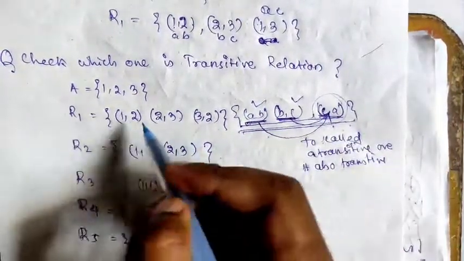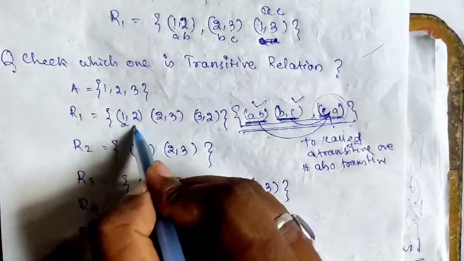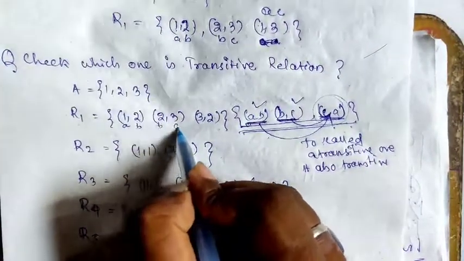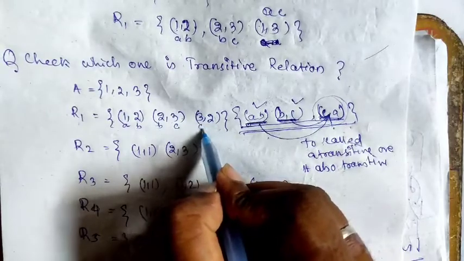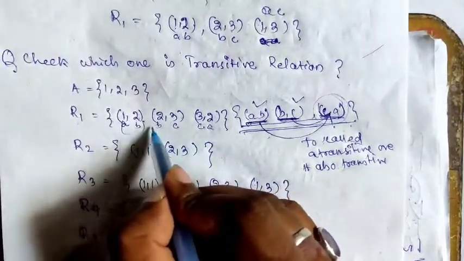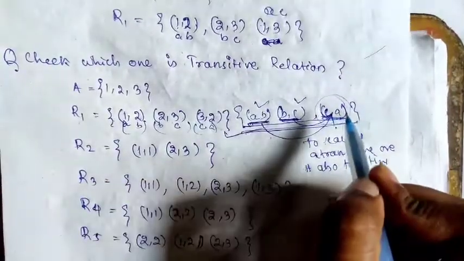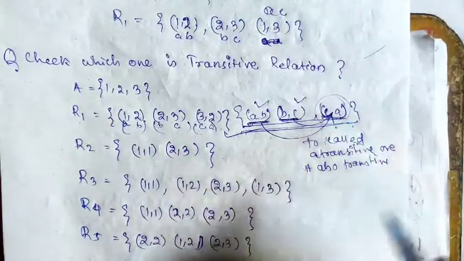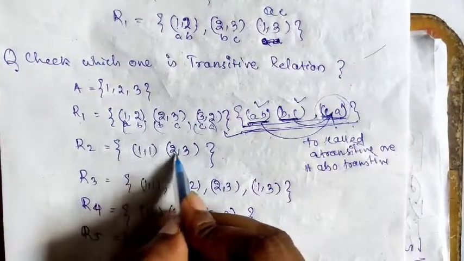So let 1 be A, 2 be B. So AB, BC, CA: all three order pairs are present. So this is a transitive one. In relation 2, here 1, 2, 2, 3.